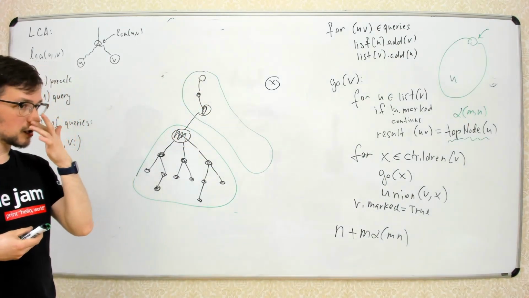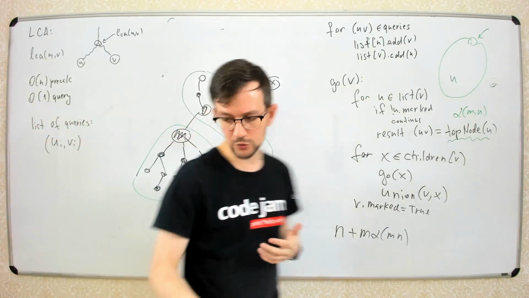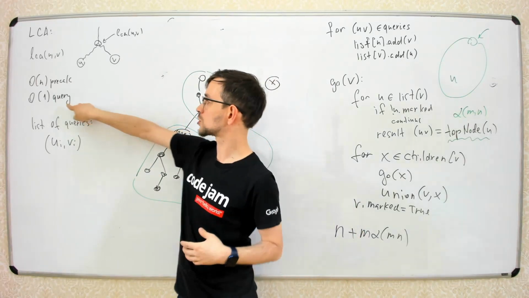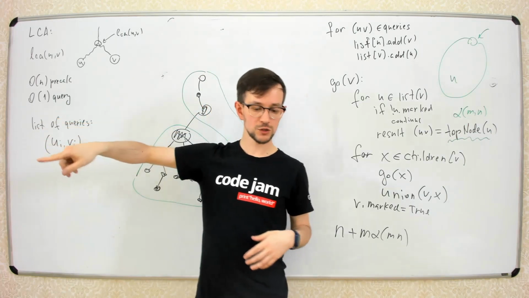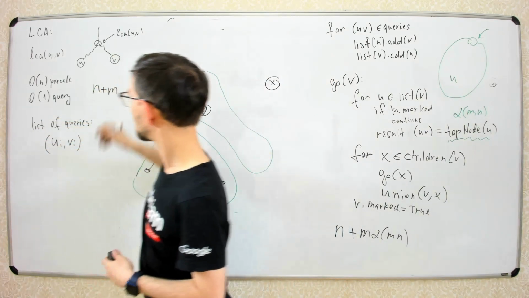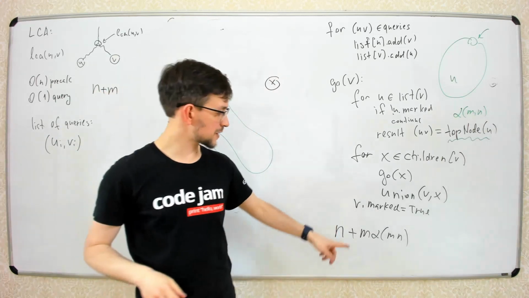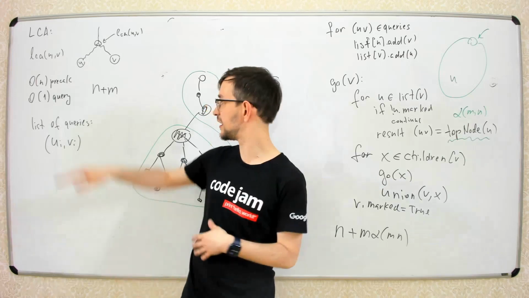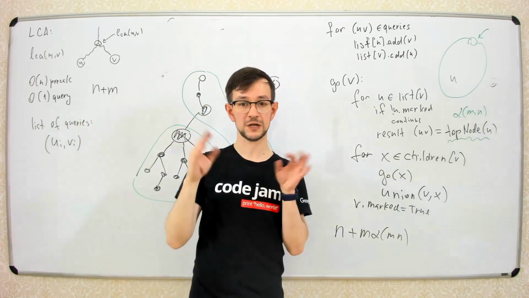Let's compare to the previous lecture, where we discussed an algorithm with constant-time queries. If you look at the total time complexity, it was n plus m, right? This time complexity is n plus m multiplied by the inverse Ackermann function. So it's strictly worse than this, theoretically speaking.